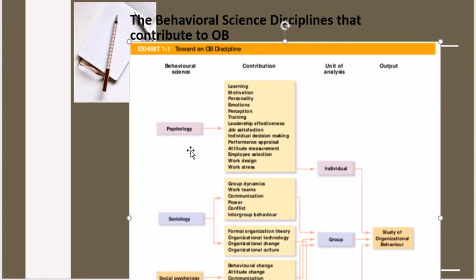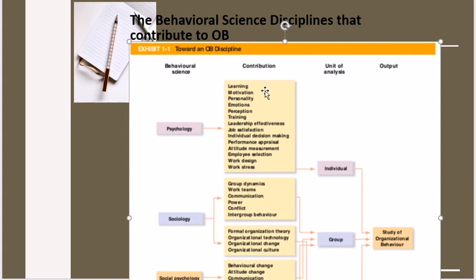First, we have psychology. If you will notice, there are a lot of contributions it can make to organizational behavior: learning, motivation, personality, emotions, perception, training, leadership effectiveness, job satisfaction, individual decision making, performance appraisal, attitude measurement, employee selection, work design, and work stress.